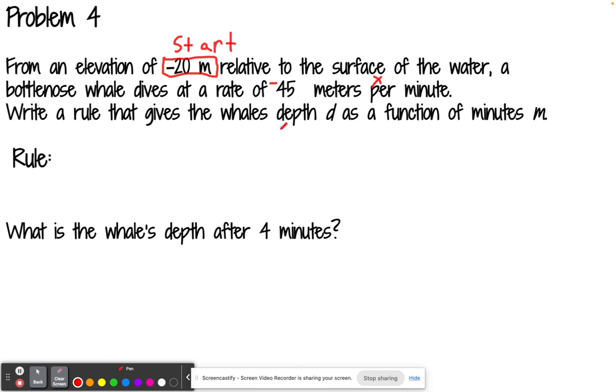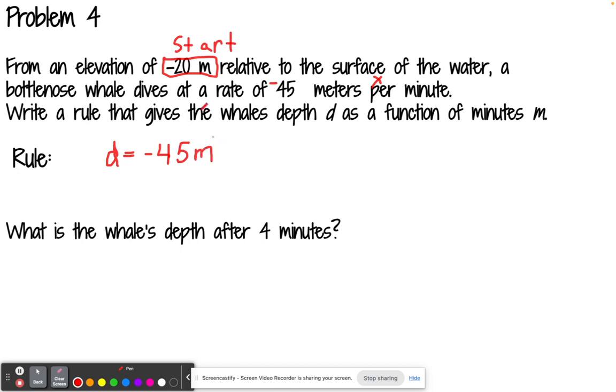We want to write a rule for the depth as a function of minutes. Well, my depth will be equal to, it's diving 45 meters per minute, so it's going down 45 meters per minute. I'm putting M for minute.